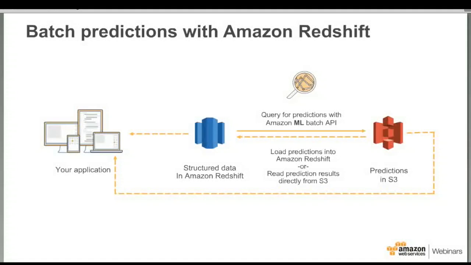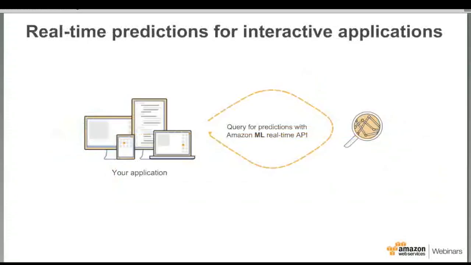So Amazon Machine Learning can connect to Redshift directly, retrieve the data, and then use this data to create predictions. And then predictions are output into S3. Then these predictions can be fed back into your application, or you can load them back up into Amazon Redshift. The choice is yours.